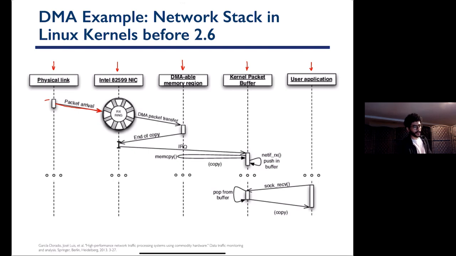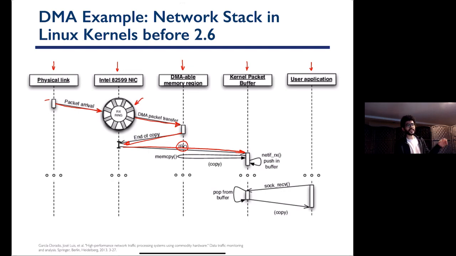And when your device gets the data, it writes them to the DMA. It DMAs them to the physical memory. Once the copy is done, we go back to the device, and the device raises an interrupt. So this is the IRQ. The interrupt has happened.